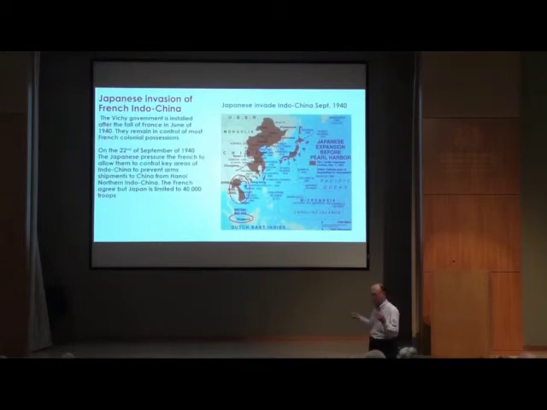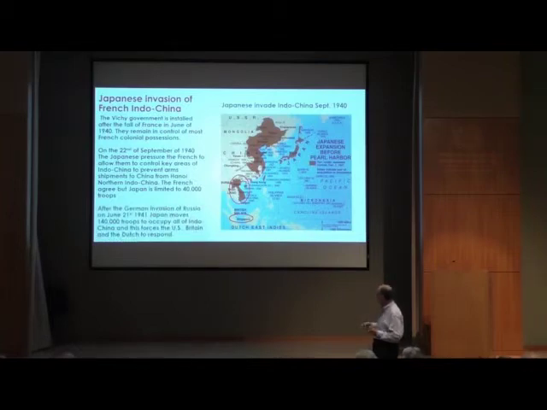The French reluctantly agree to this, and they now can cut off Haiphong Harbor from supplying weapons to the Chinese. Well, after the German invasion of Russia on June 21st of 1941, Japan moves 140,000 troops into Indochina, and this forces the U.S. and Britain and Dutch to respond.